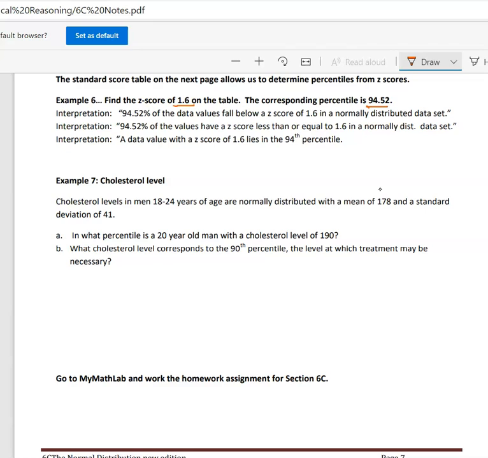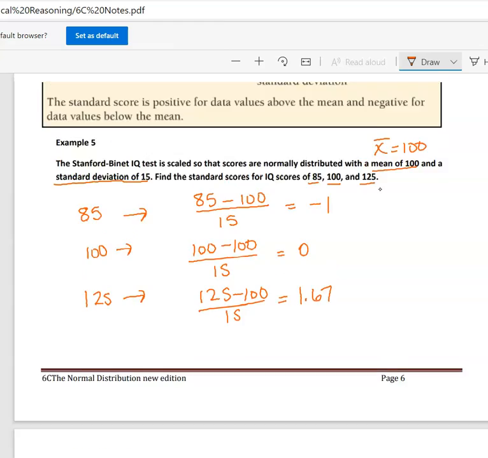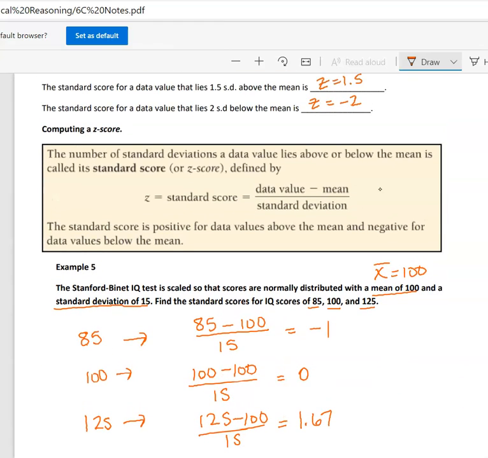Well, we need to do the z-score. He falls in this group, and he has a cholesterol level of 190, so that's going to be our data value. Remember, we need to do data value minus mean divided by standard deviation.